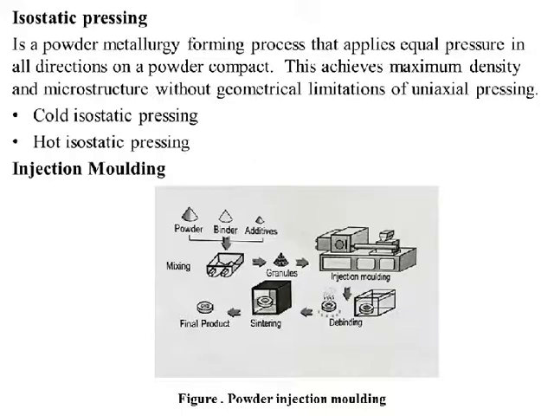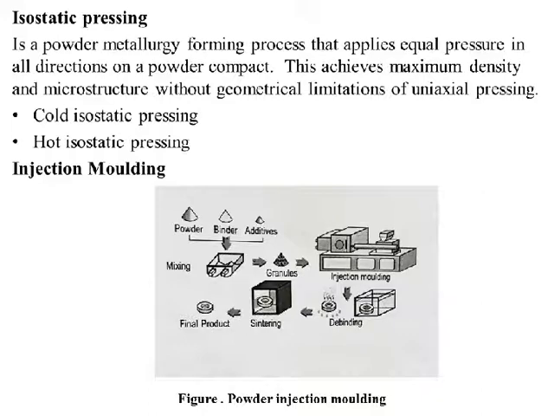In this method, the mixture is heated in a screw fed barrel. As you can see in the figure, the powder, binders and additives are mixed here. This mixture of powder, binder and additives is heated in a screw fed barrel and forced under pressure into a die.